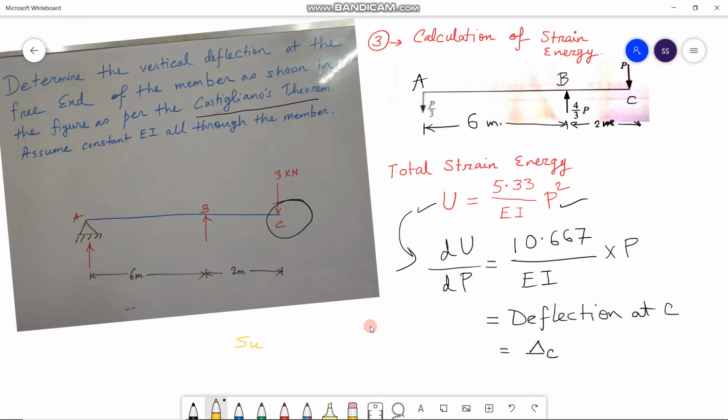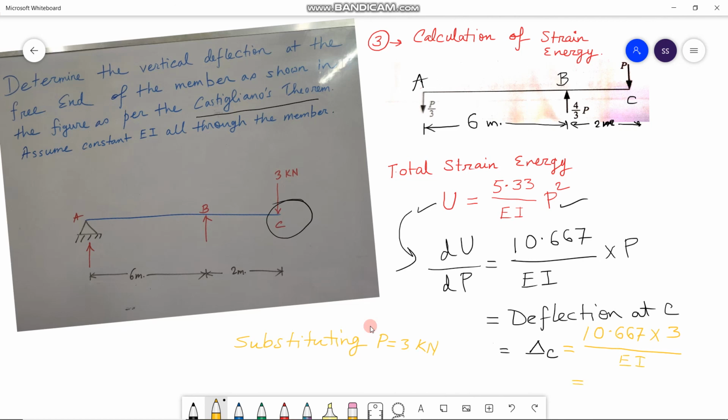Now, substituting P equals 3 kilonewton, we get del C, that is deflection at C, equals 10.667 into 3 by EI.